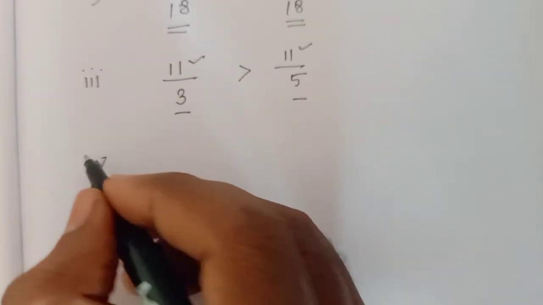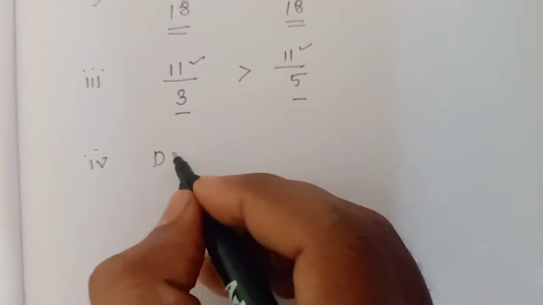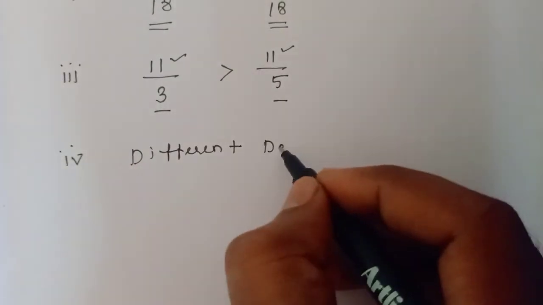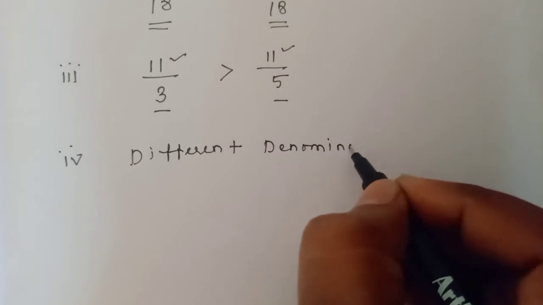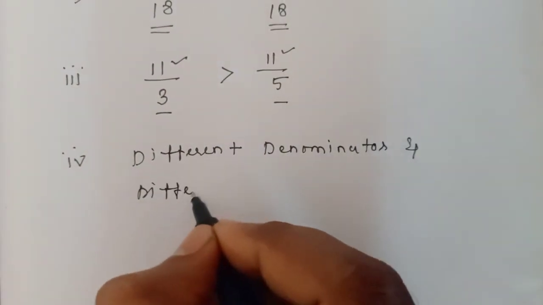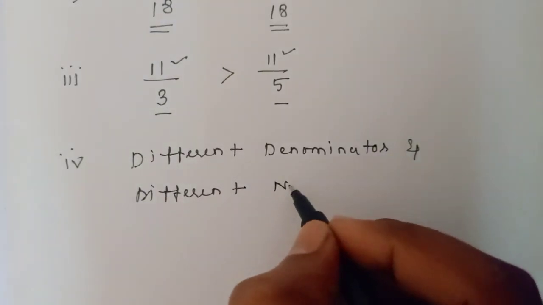Fourth one is, suppose different denominator and different numerator.